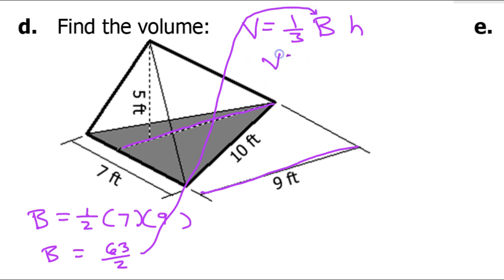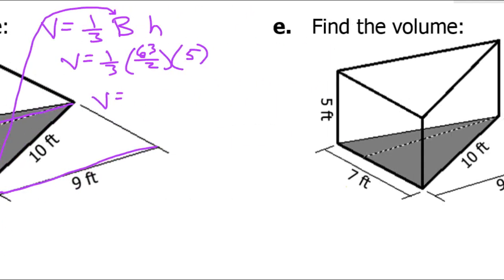So that's going to give me a volume of 1/3 times 63 over 2 times the height. Now this is the height of the pyramid, and that is right here, it is 5. So this will give us the volume.